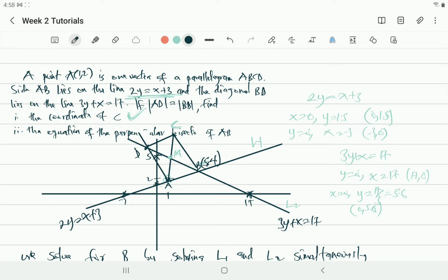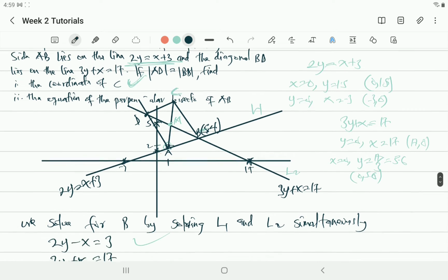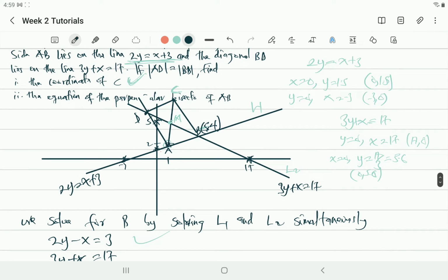So we now have that point. That means we can now go ahead and find another thing that can help us solve something. But one of the things that we can easily solve is the fact that we know that AD is equal to the line BD, right? AD is equal to the line BD. So we know A now, we know B now.